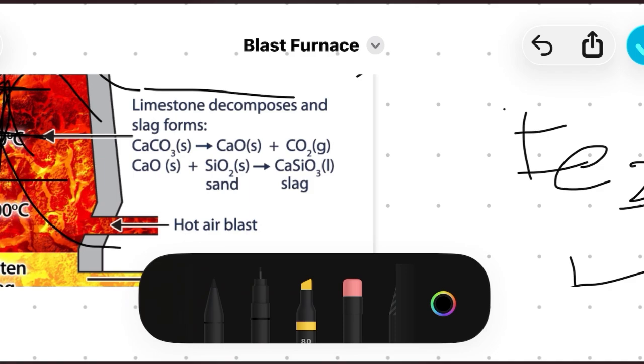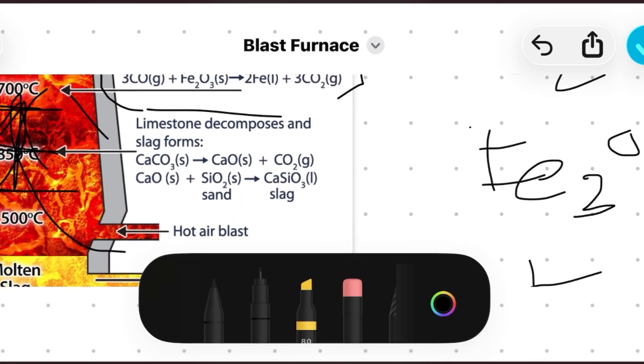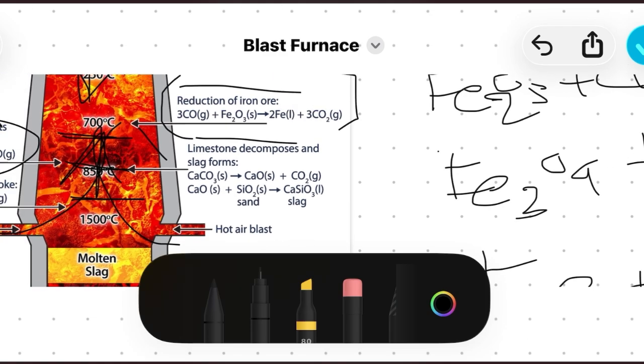The slag is formed from CaCO3, the limestone, which produces the slag of the material. The main material is tapped at one side, and at another side the slag is collected, because our main aim is to collect the main metal, which is iron, and we have to remove the slag from this iron.